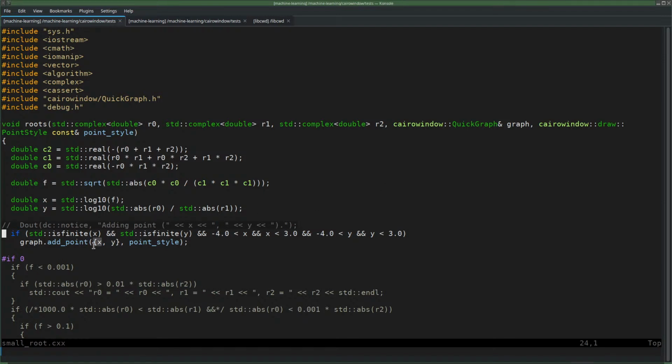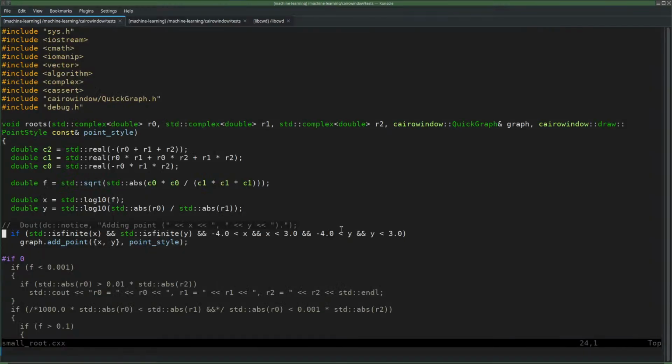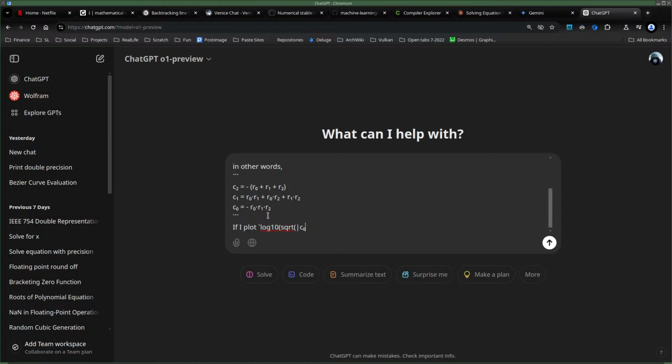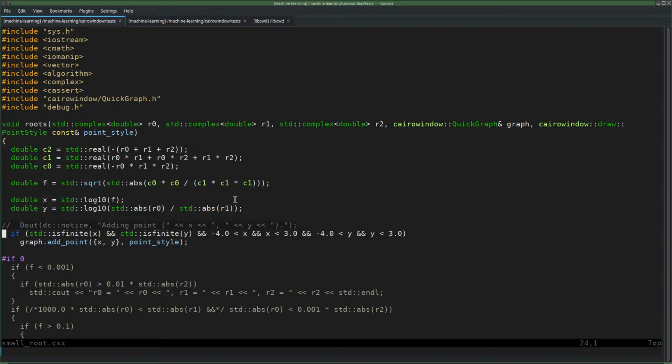We're plotting X is the log of F, which is C0 divided by C1. Huh? C0 being the multiplication between the three. That is C0, yeah. So it is C0 squared, divided by C1 cubed.